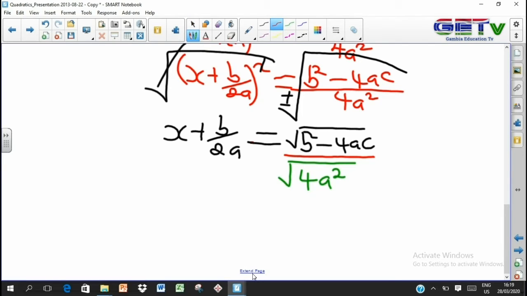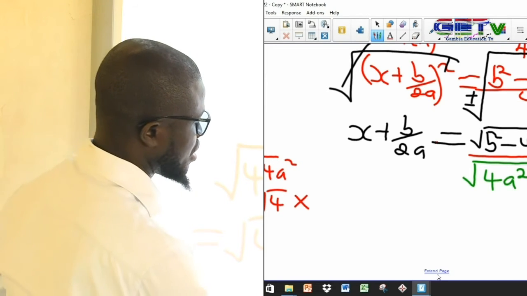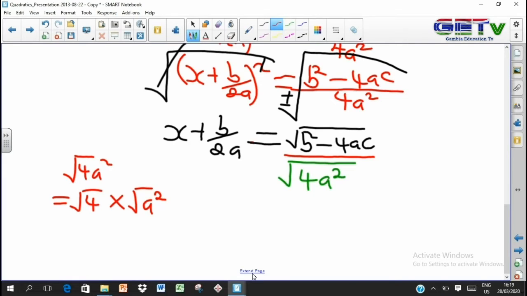For clarity, if you have the square root of 4a square, this is the same as taking the square root of 4, remember you've learned surds in grade 10, times the square root of a square. So in this case, 4 is a perfect square, and the square root of 4 will give us what? 2 times.